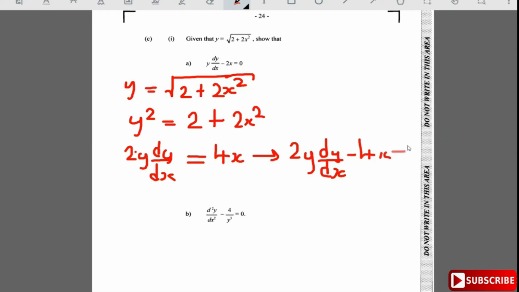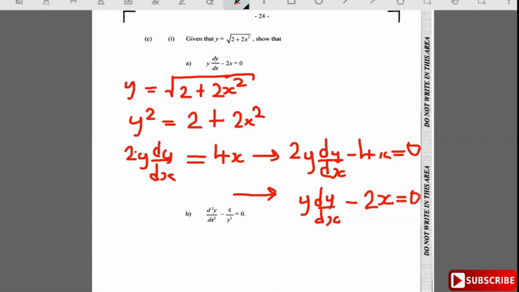If you divide through by 2, you're going to get y dy by dx, divide 4x by 2, you get minus 2x, and that's equal to 0. All right, nice and easy.